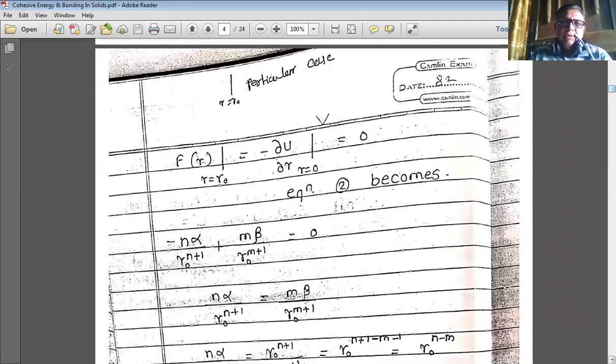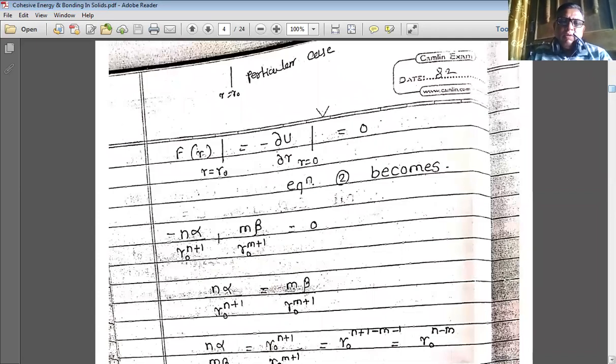Now see: nα divided by r₀ to the n plus 1, plus mβ upon r₀ to the m plus 1, is equal to 0.